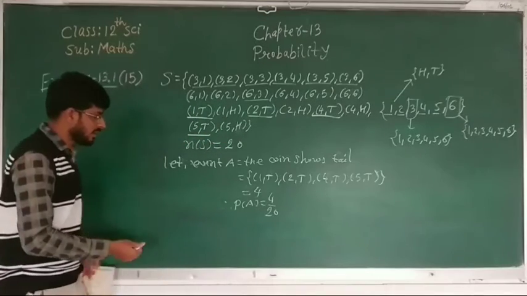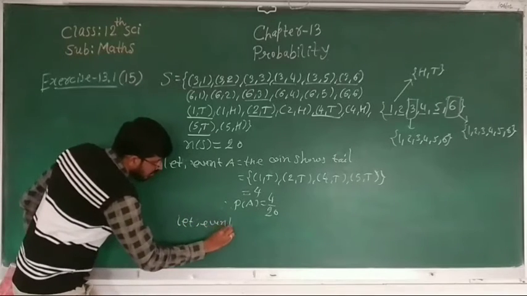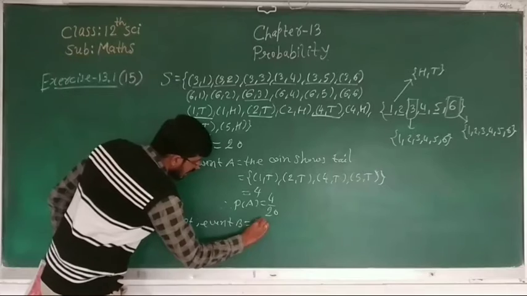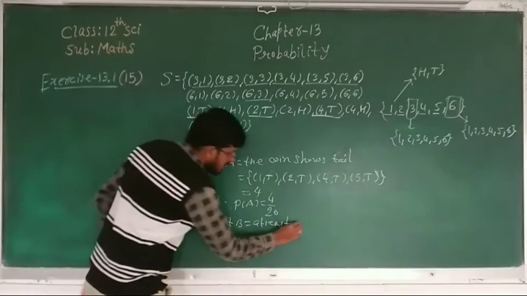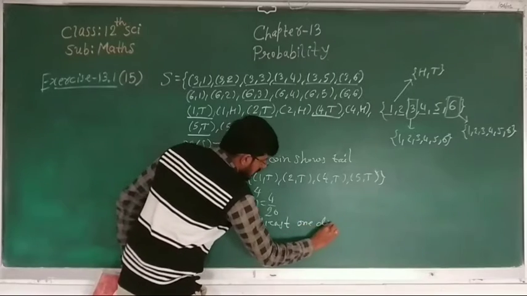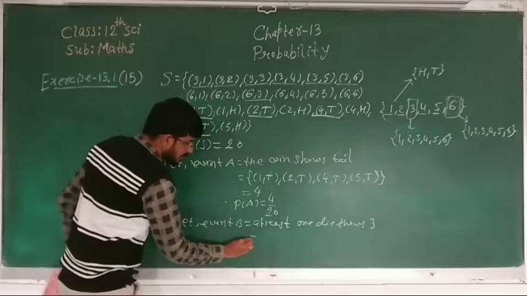Next, let event B be at least one die shows 3. It means 3 comes up.